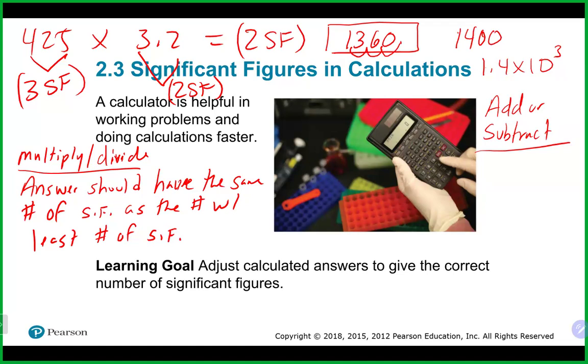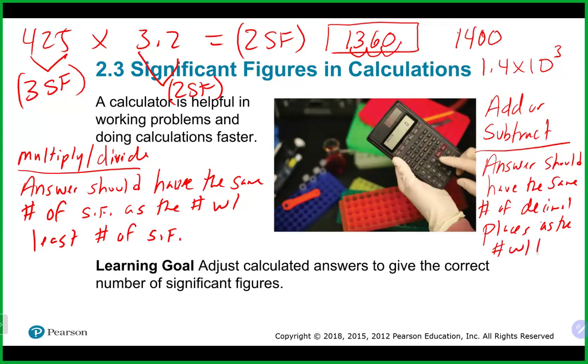So when you add or subtract, your answer should have the same number of decimal places as the number with the least number of decimal places. So we are looking at decimal places when adding and subtracting.